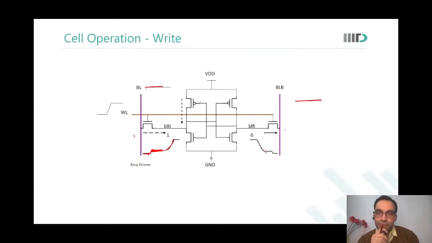Yes, so the bit line is discharging. Bit line is also discharging. So we discharge the bit line through that write driver. The side where we wanted to write a 0, we discharged it through the write driver.